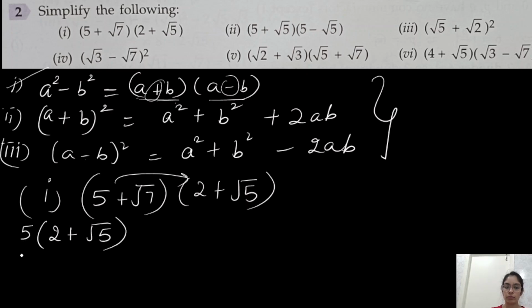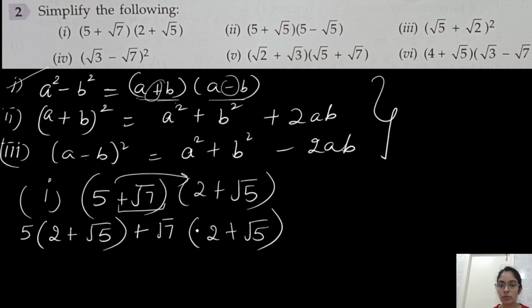I have written the first term of the first bracket, then the entire second bracket, plus root 7, the second term of the first bracket, then 2 plus root 5. Like normally bracket multiplication we do, the same way. Bracket means multiplication.